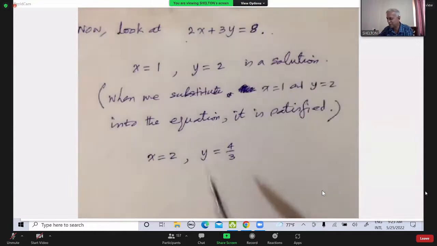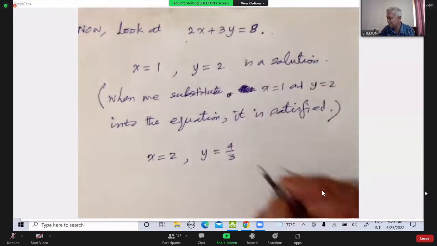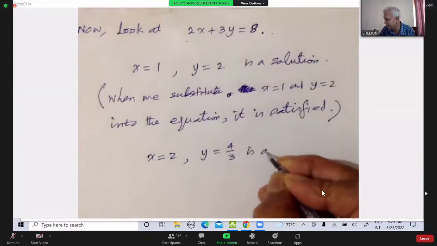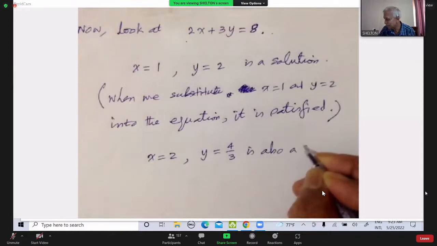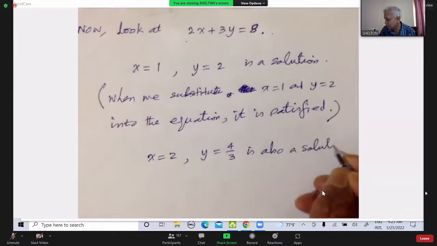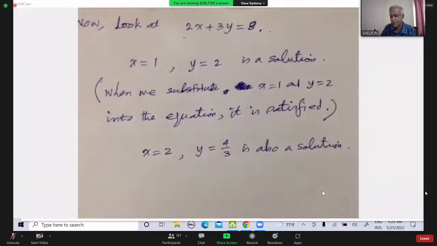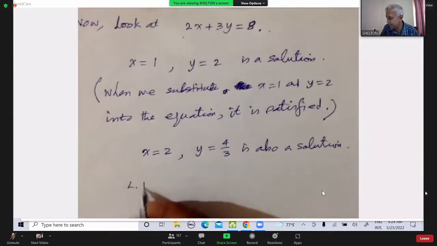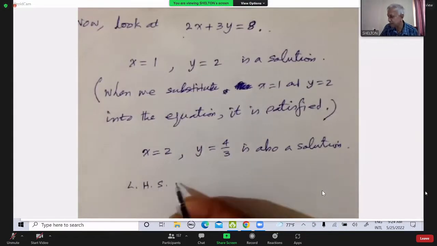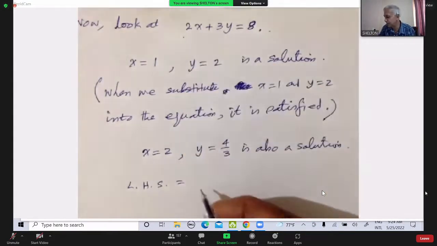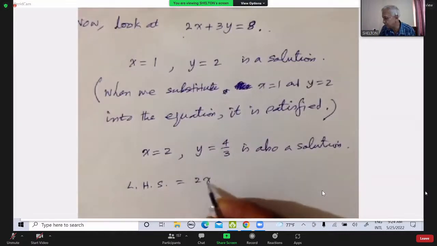So I try to substitute. x equals 2, y equals 4 over 3 is also a solution. Try the left-hand side. Left-hand side is 2x plus 3y.